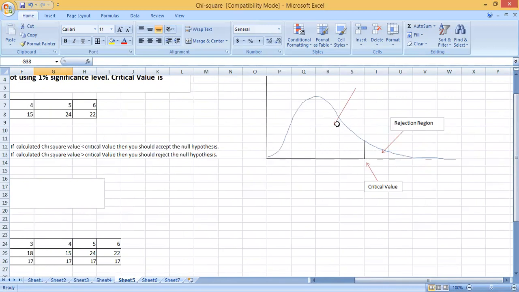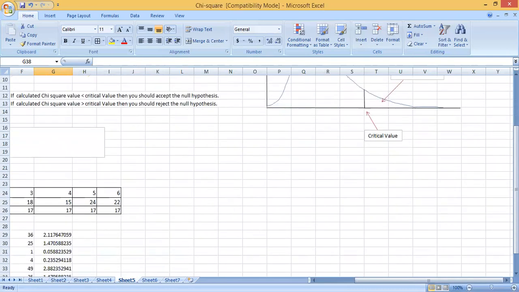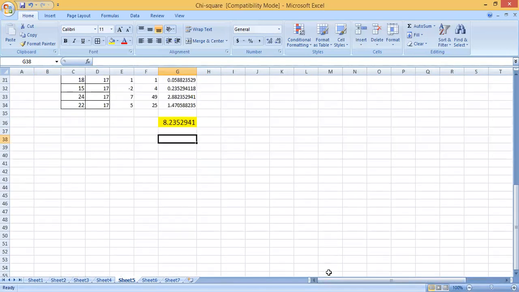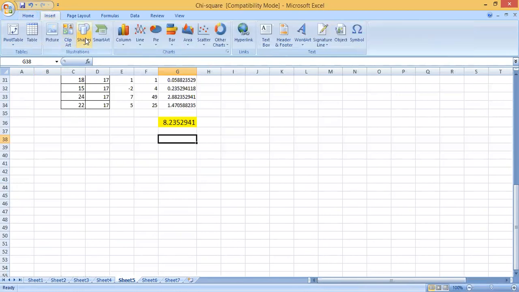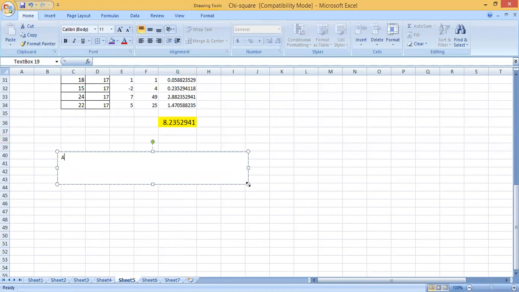So we conclude, as we can write in this way, that 8.2352941 is less than 15.086.